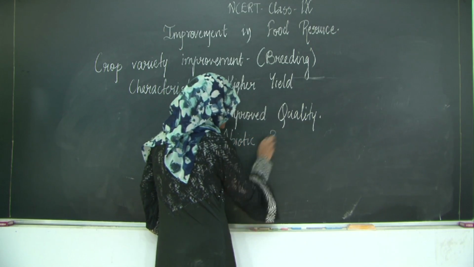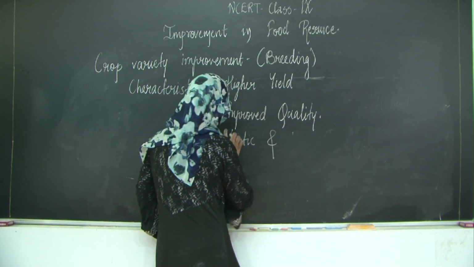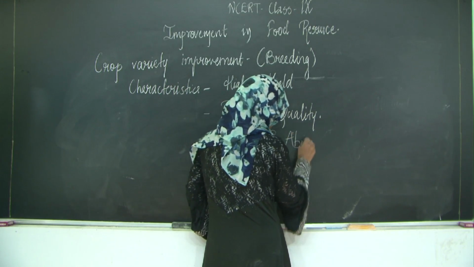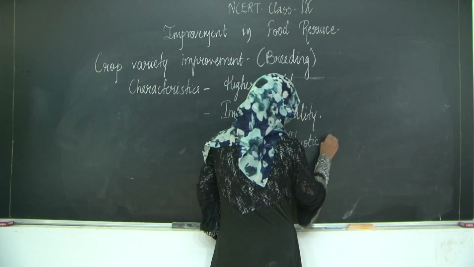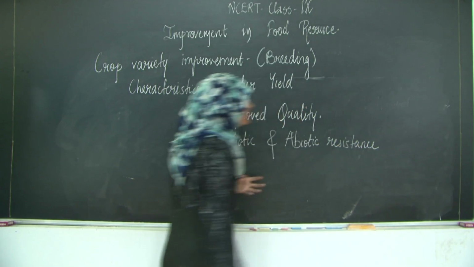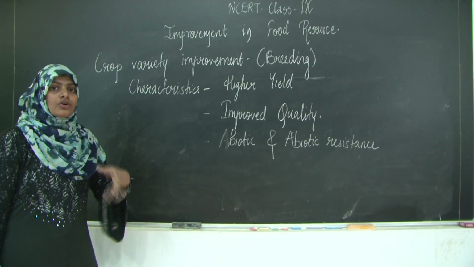is biotic and abiotic resistance. Okay, there are different factors which can affect crop production.